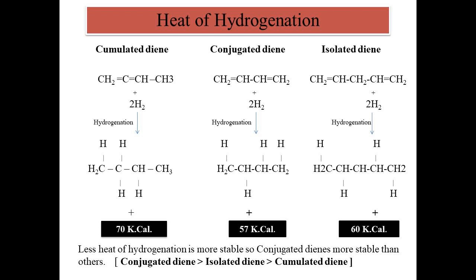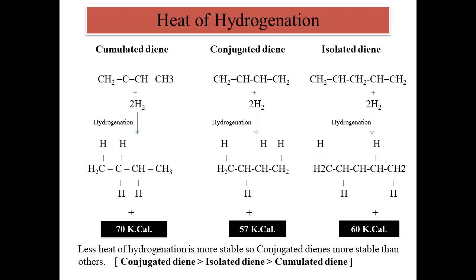So less heat of hydrogenation means more stable. Of these three dienes, the one generating the least heat is the conjugated diene. Only 57 kilocalories of heat is produced, so it is the most stable.